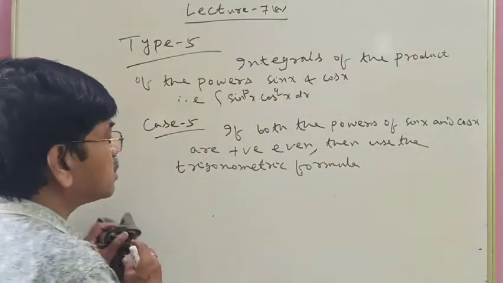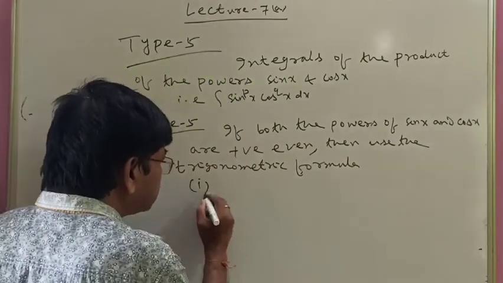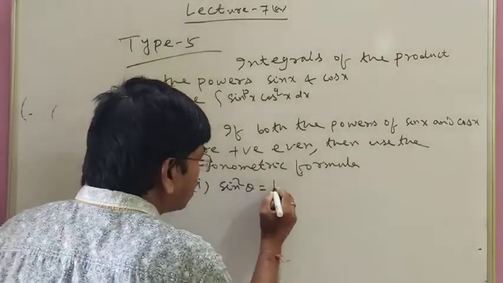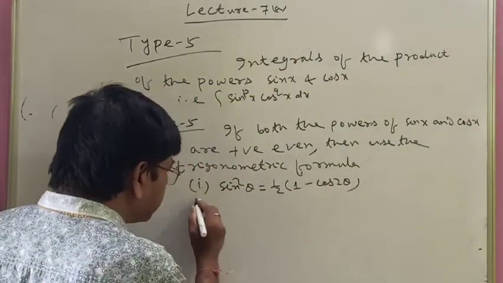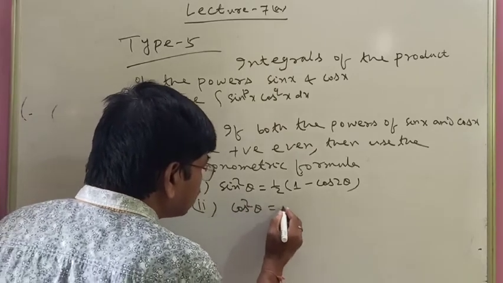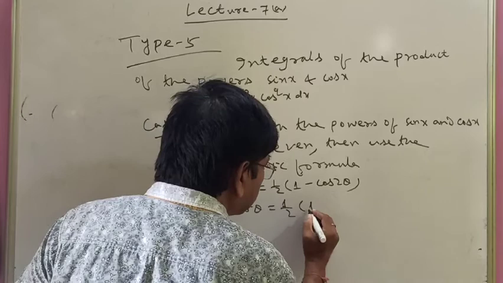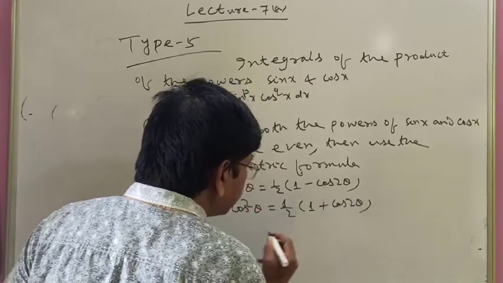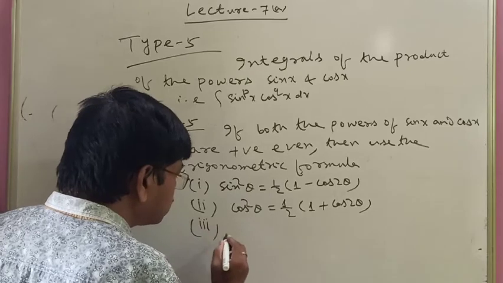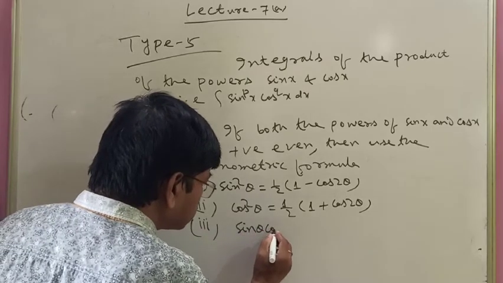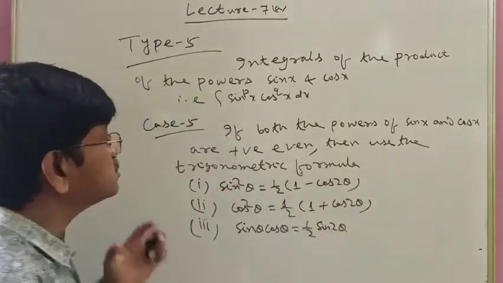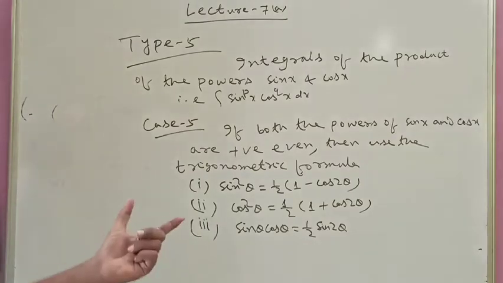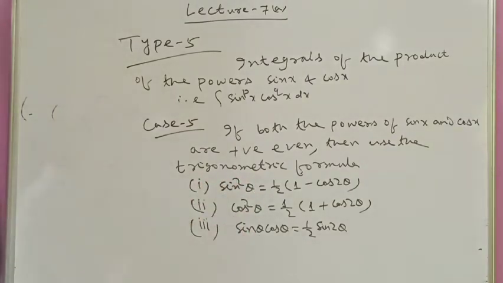First, you write sin squared theta is equal to half into 1 minus cos 2 theta. Second, you write cos squared theta is equal to half into 1 plus cos 2 theta. Then third, you write sin theta into cos theta is equal to 1 by 2 sin 2 theta. So you need the use of these formulas. These trigonometric formulas are from class 11 which you have already learnt. Just recall the past idea.